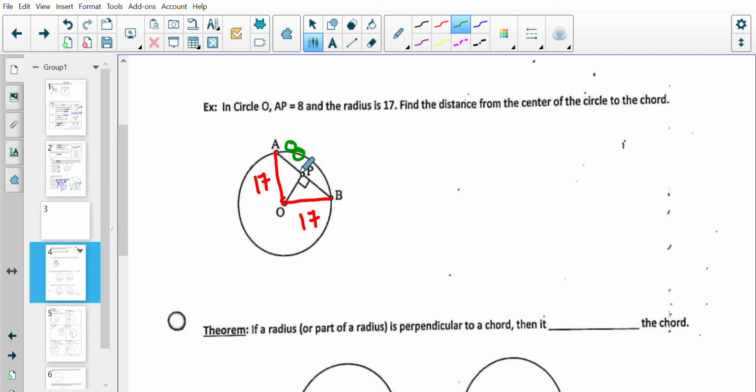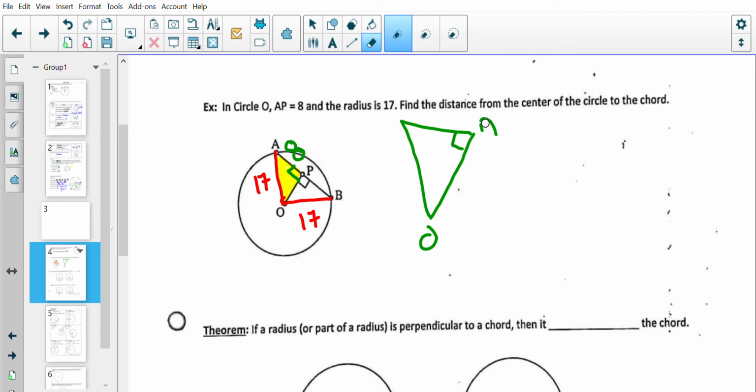Now we know the supplement of a right angle is a right angle, so we have right angles on both sides here. I'm going to take one of these triangles, APO, I'll choose that one. We have OP, oh, sorry, let's fix my P. All right, so we have OPA.